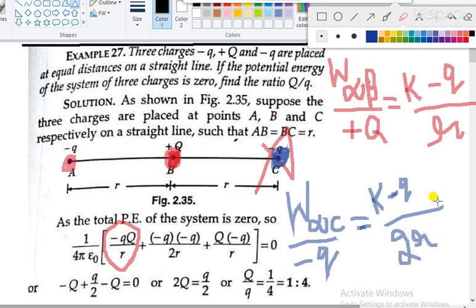Then again k into plus q, the potential due to plus q, at distance r. I hope these three terms are now clear.